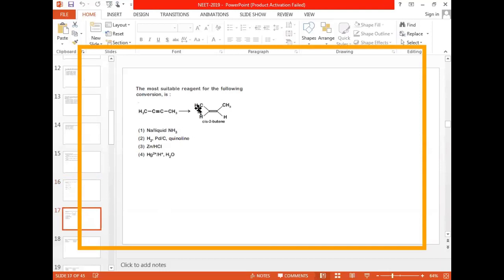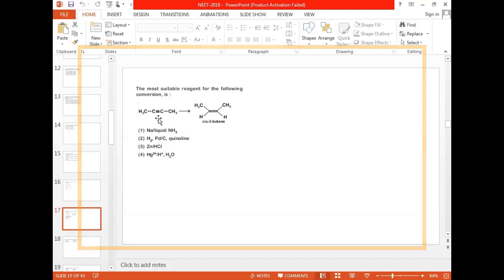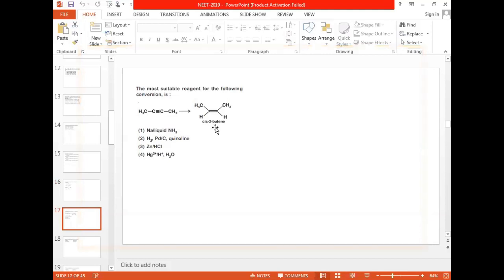Phenyl and aryl both are the same only. Benzyl is different. Right. Now you see here the most suitable reagent for the following reaction. What is the name of this compound? But-2-yne, which on reaction with any one of the following reagents gives cis-2-butene.